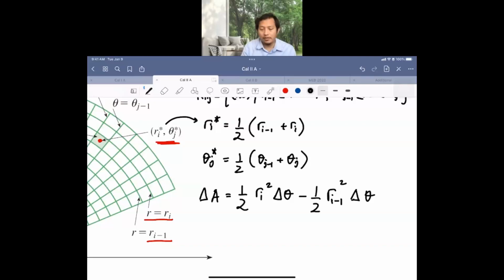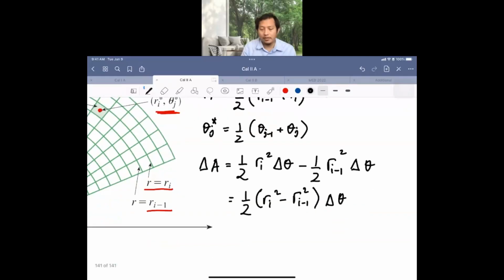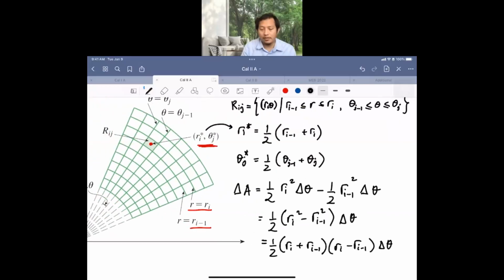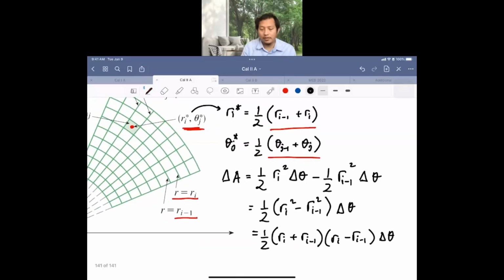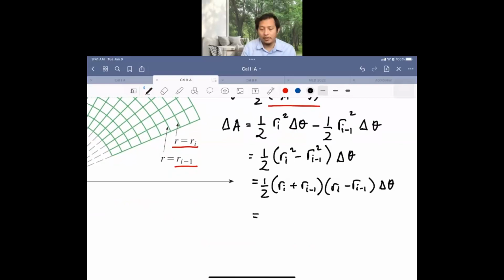This is equal to half of Ri squared minus Ri minus 1 squared, times delta theta. And we could factorize, and based on our definition here, we could write this as Ri asterisk delta R delta theta.